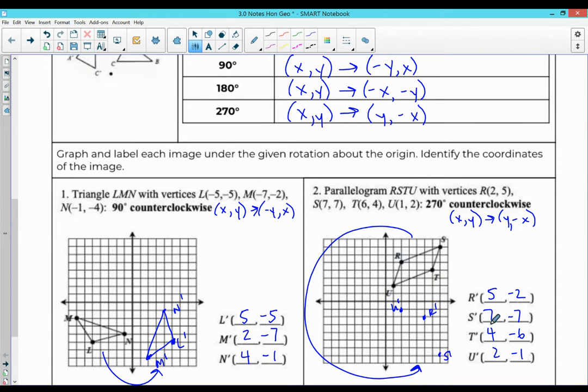And then T prime is 4, -6. Notice this is still a parallelogram, the same shape and the same size. It's just rotated. R moved all the way here, T all the way here, and S all the way here, 270 degrees counterclockwise.